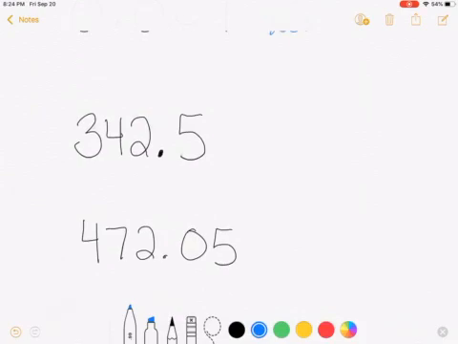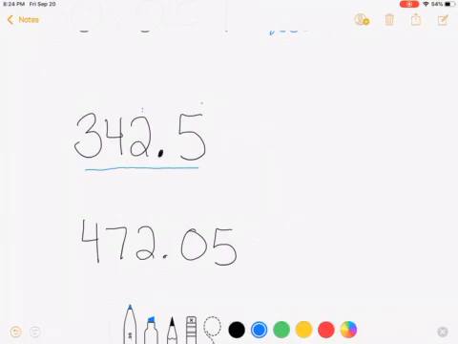We've also been practicing how to read decimals or whole numbers with decimals, such as 342 and 5/10. Now we know 10/10 makes one whole.